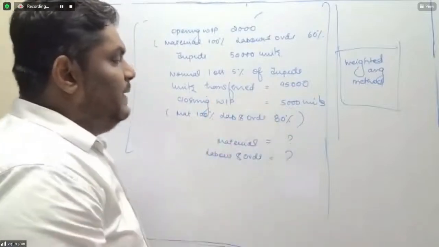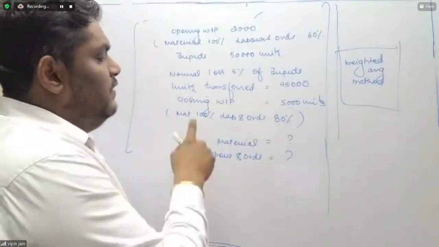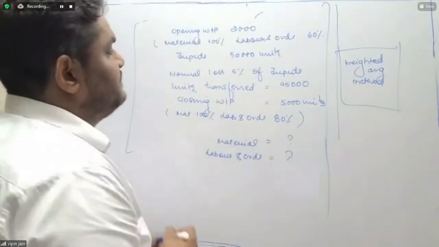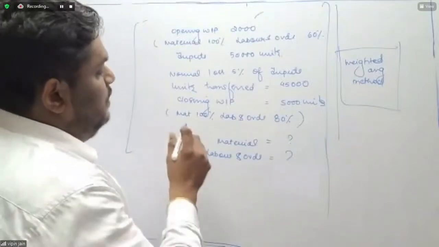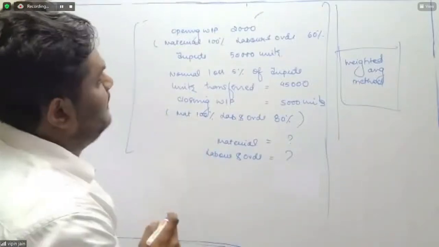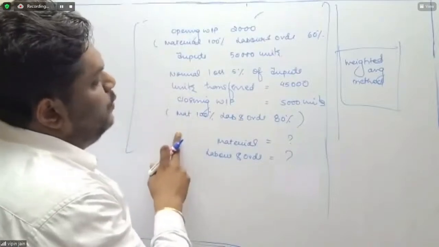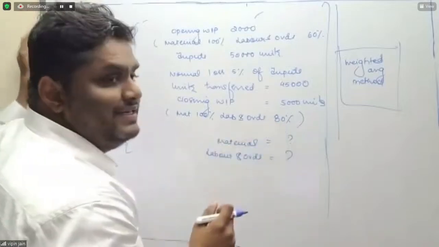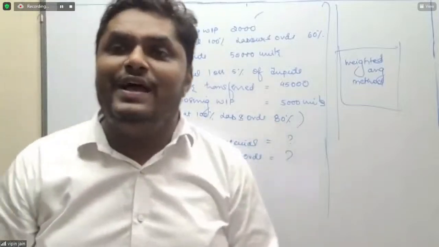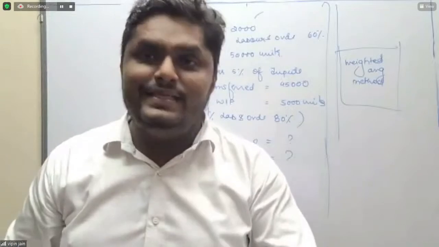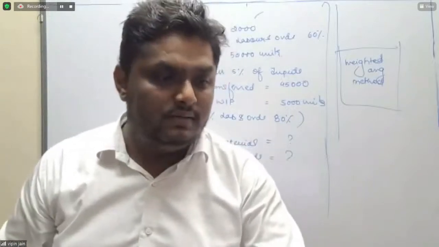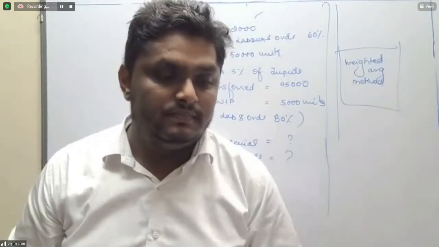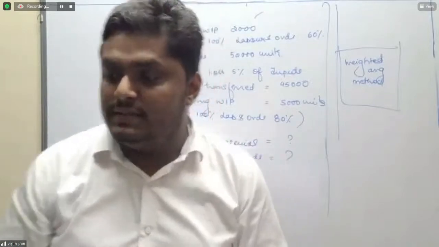And the closing work in progress is 5,000 units, which is 100% complete in case of material, and 80% in labor and overhead. Waiting for the answers, guys, quick. Let's see who answers this question first. Waiting for the answers.